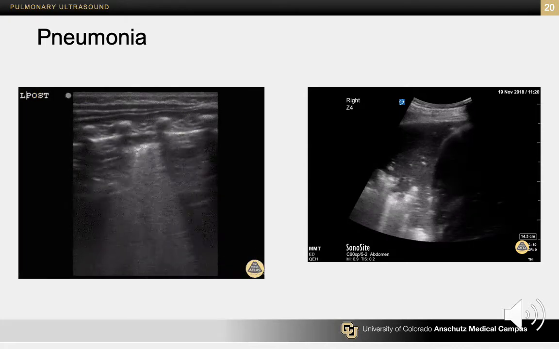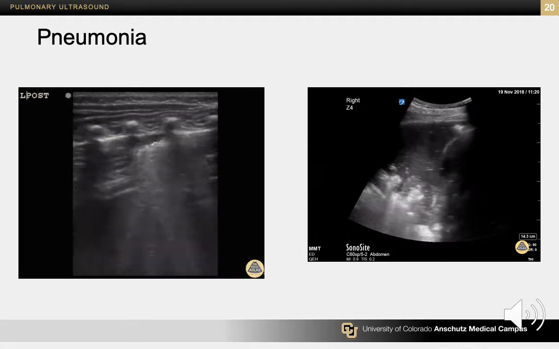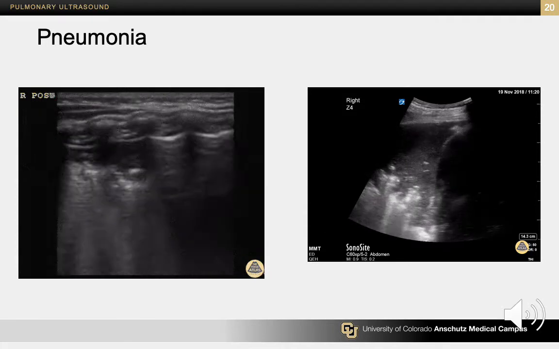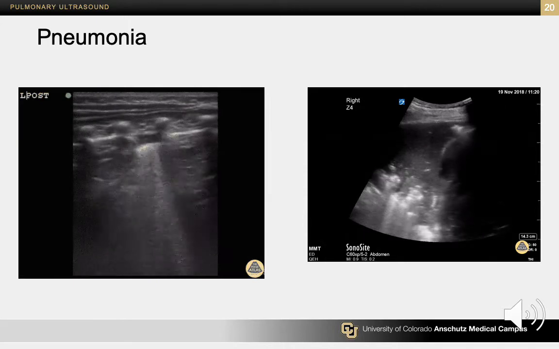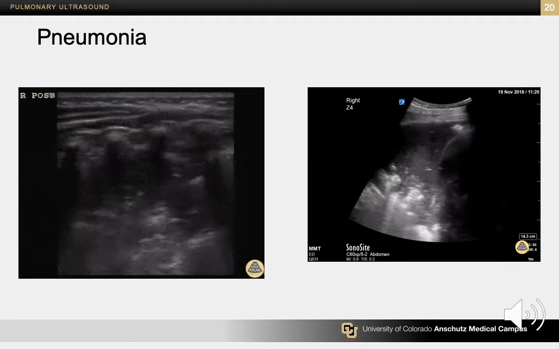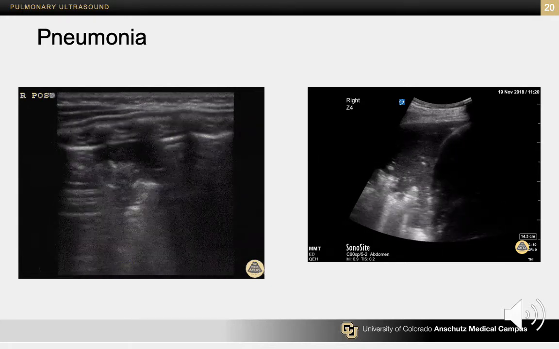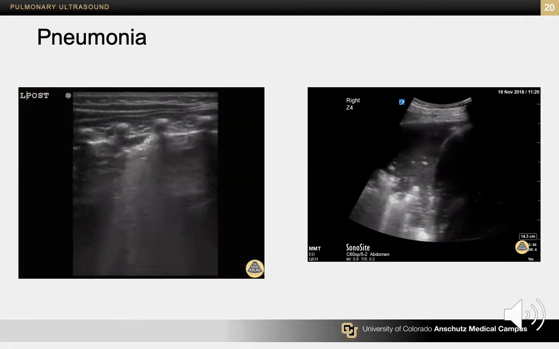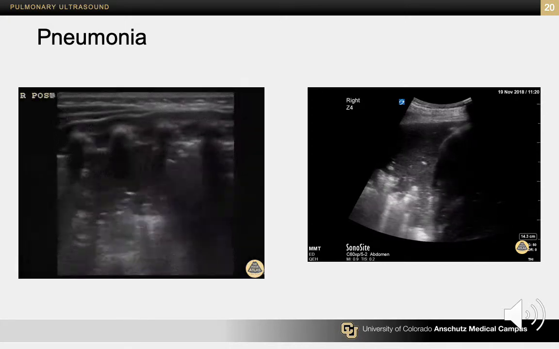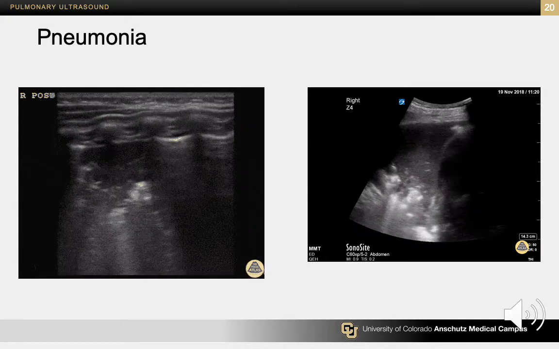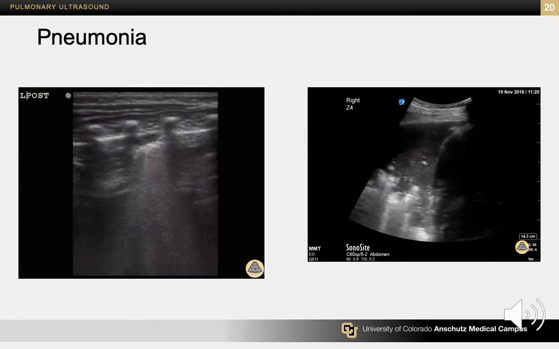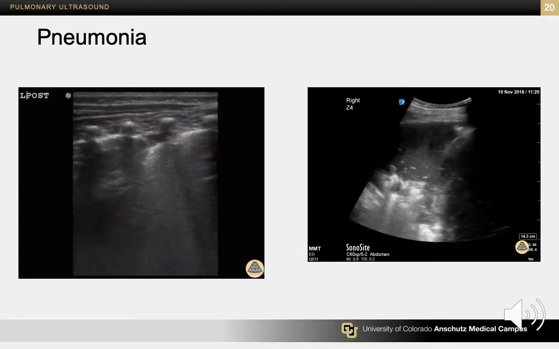Basically, where the pneumonia is sitting in the lung, you've got air bubbles squeezing down through the fluid that has accumulated along the airways. That little dot that's moving is air bubbles moving in the fluid, and that's called a fluid bronchogram. These static dots that don't move with breathing are air bronchograms.